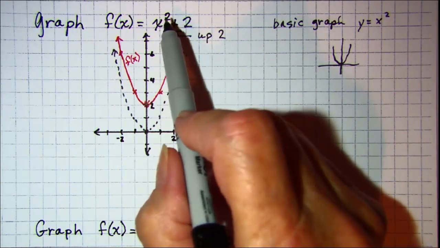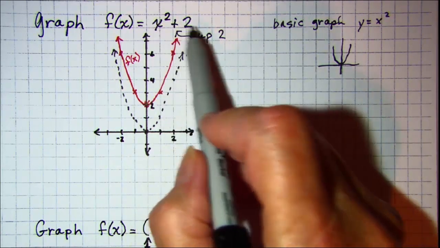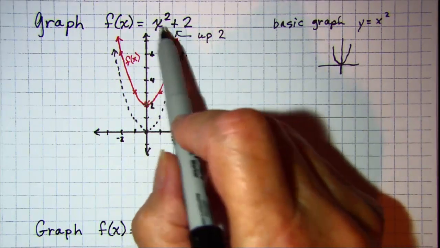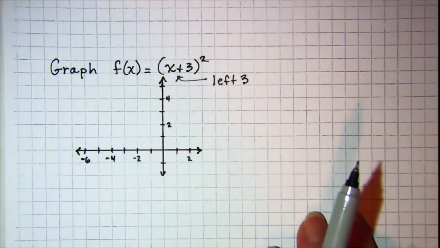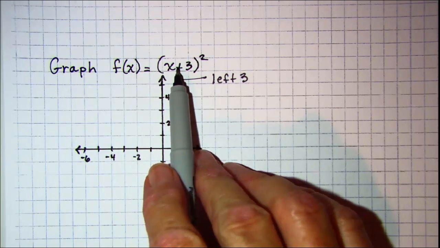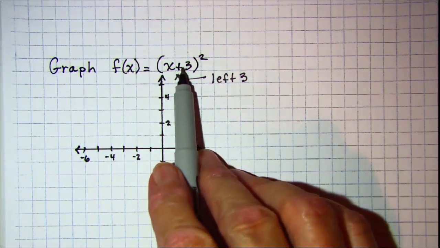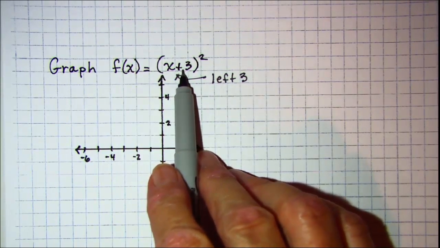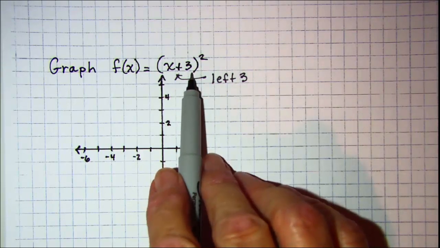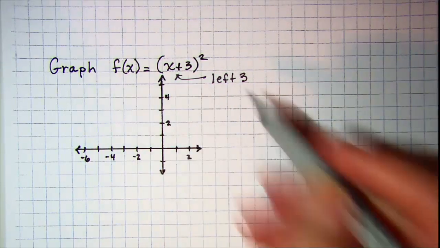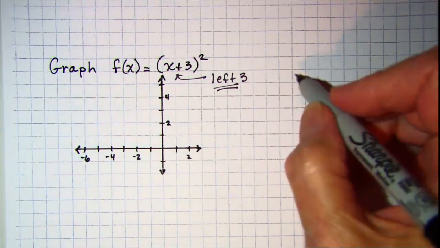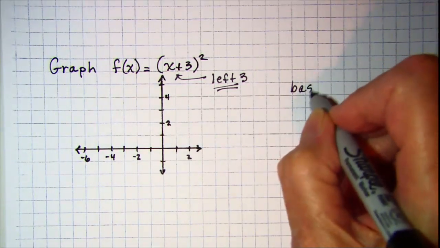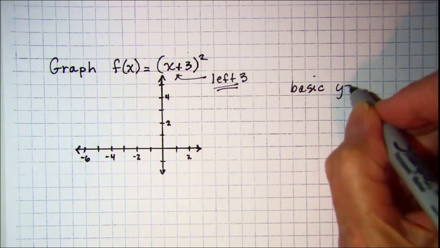So for the f of x plus c, we did exactly what we thought it would do. But on this one, we have to just do opposite. So adding usually goes to the right, but we need to move our graph left. So left 3.